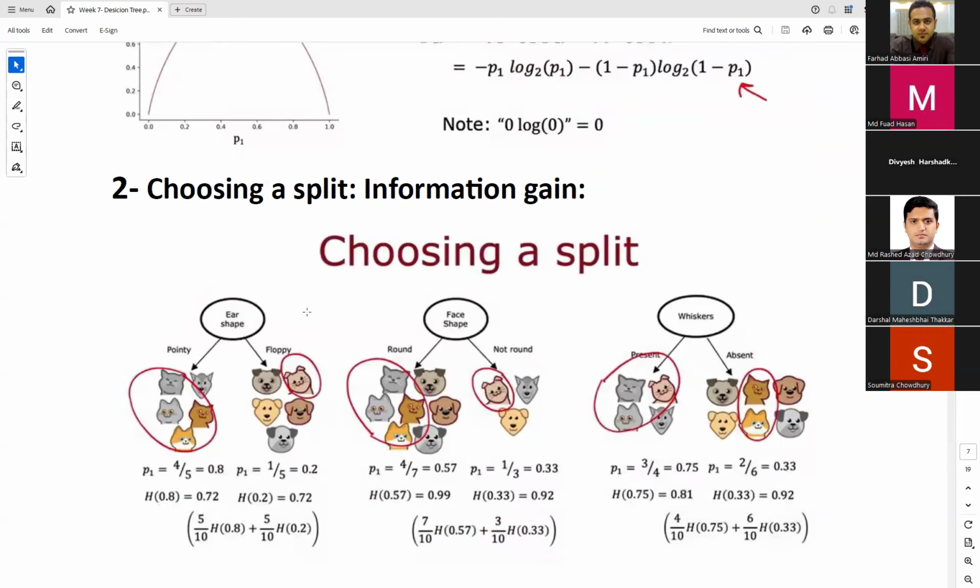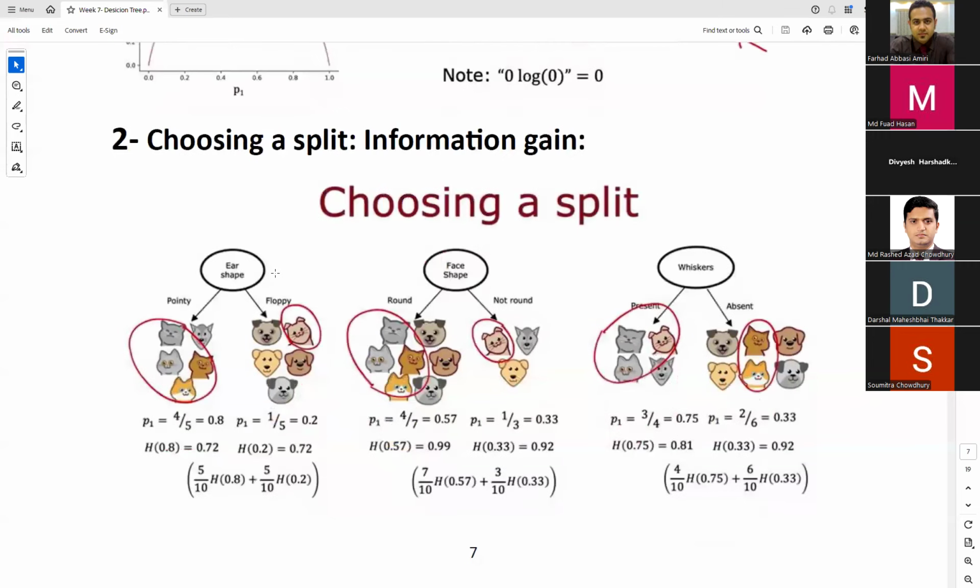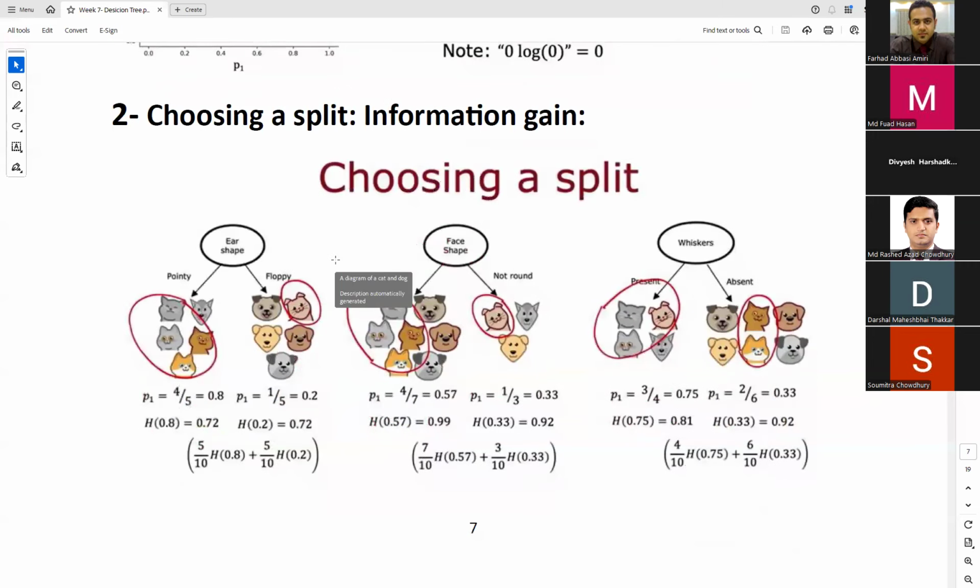And here we have 3 examples, and we want to calculate the H of P1, the entropy, and then calculate the information gain. Information gain means the reduction of entropy. Because entropy is not a good thing, we need to decrease the entropy from one level to the other, right?